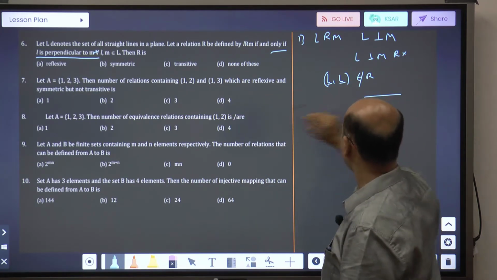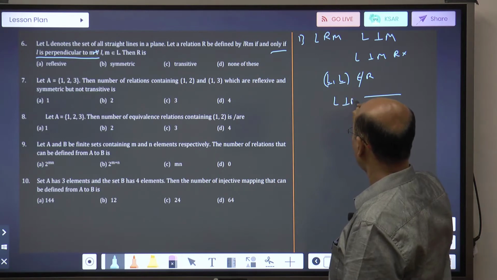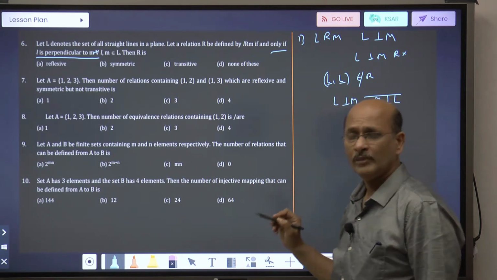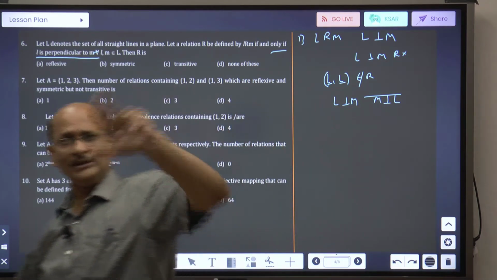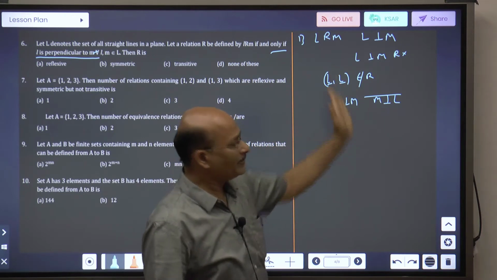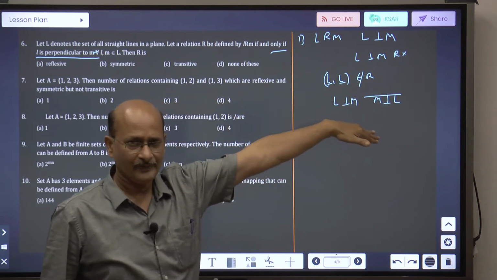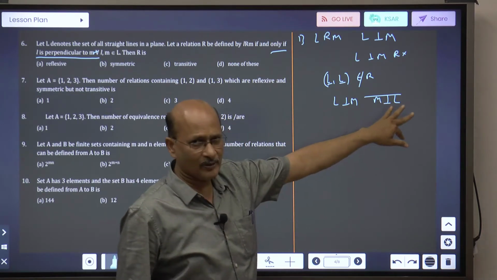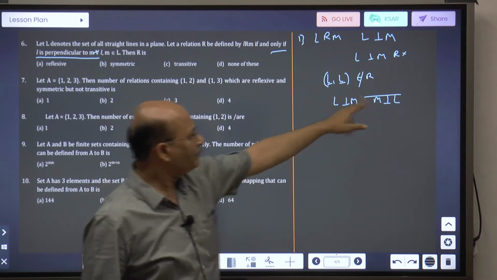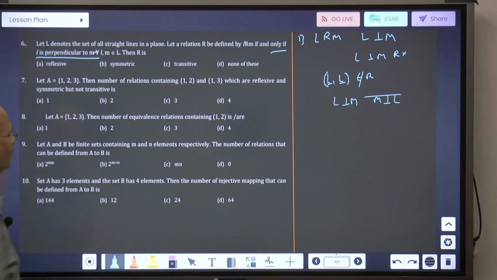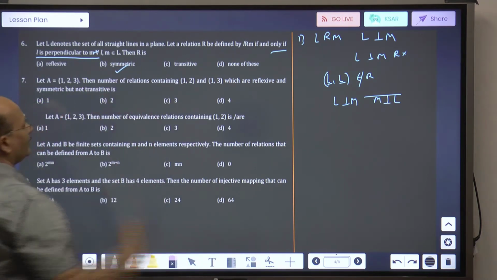Then let us talk about symmetric. L is perpendicular to M. Can you say line M is perpendicular to L? Because in symmetric, (A, B) and its reverse should both exist. So L is perpendicular to M, and M is perpendicular to L. Guys, are you getting this point? So directly the second option I got, finished: symmetric.